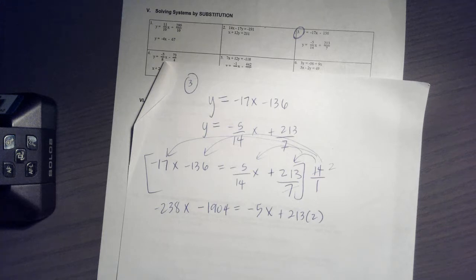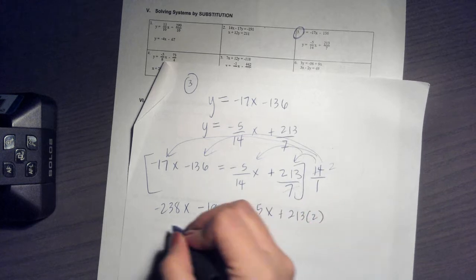Alright, so let me go ahead and simplify even more. So 213 times 2 is 426.